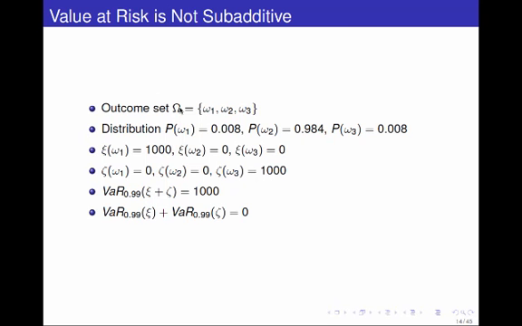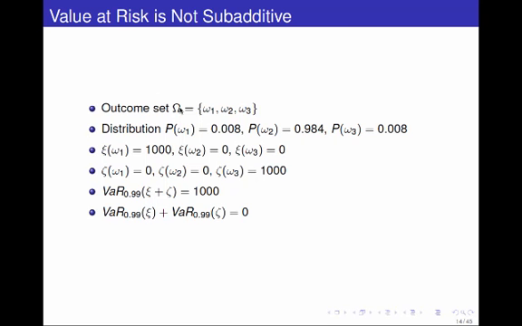So the VaR for psi is 0. The VaR at 99% for psi is 0. The VaR at 99% for zeta is 0. But when I pull these together, so I'm selling both of the options to someone, then I pay if the price is low or if the price is high, and I don't pay if it lands in the middle. Well, actually, the middle will happen 98.4% of the time.